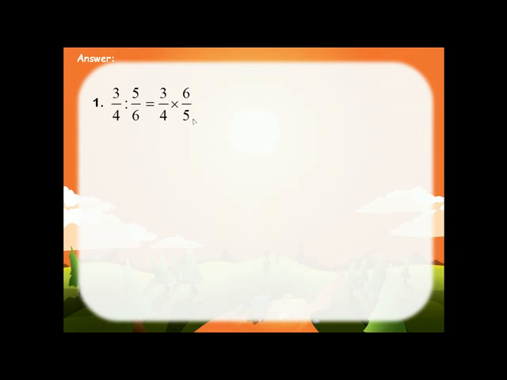After that we can multiply the numerators and the denominators, or I will use the simpler way. Here we have 6 in the numerator and 4 in the denominator, and 2 is the same factor of those numbers, so 6 divided by 2 is 3 and 4 divided by 2 is 2, and then we multiply the numerators and the denominators. The result is 9/10.